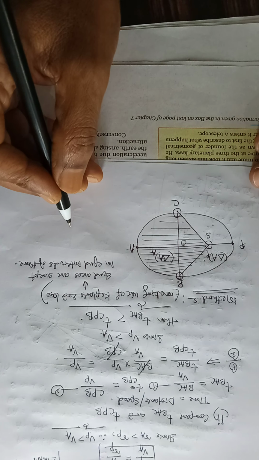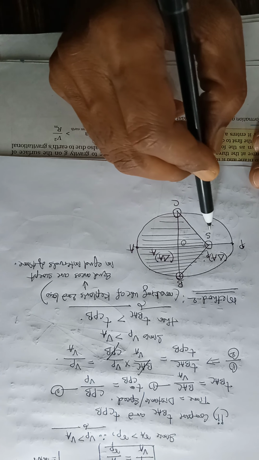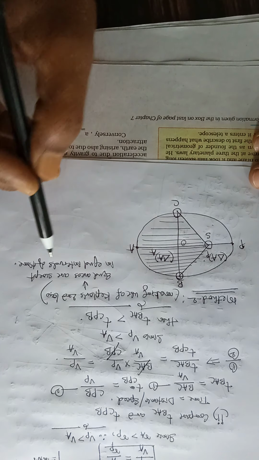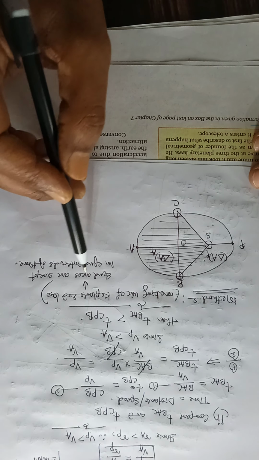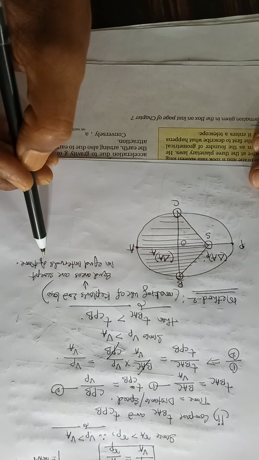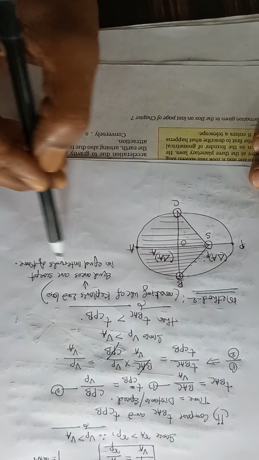Just looking at the diagram, you can say this area is large, this area is small. See, equal areas are swept in equal intervals of time. That means unequal areas are swept in unequal intervals of time.